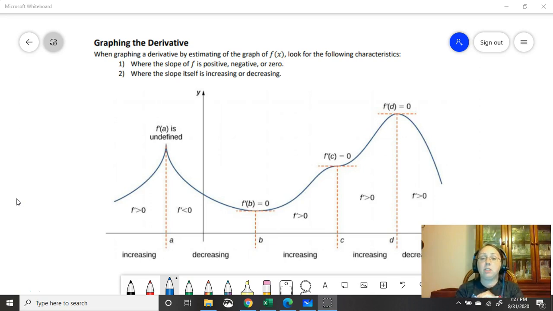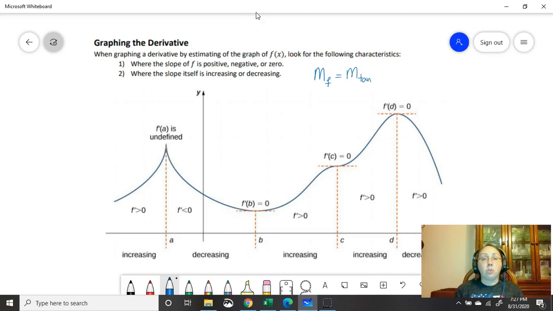Now, this picture has a lot going on. So let's just start with number one, and I want to start with talking about where the slope of f is 0. Why are we talking about the slope of f? Remember, the slope of your function, slope of f, is the same thing as talking about the slope of the tangent line. These are the same idea.